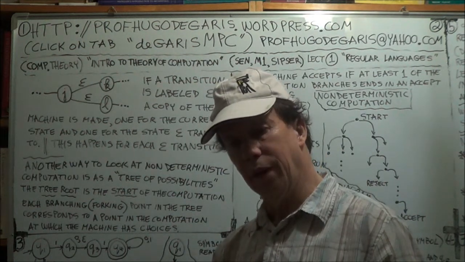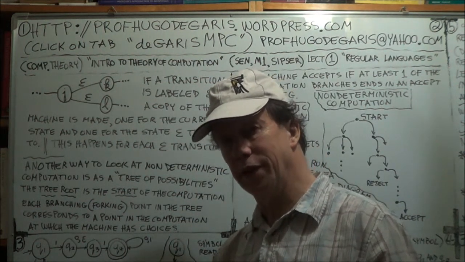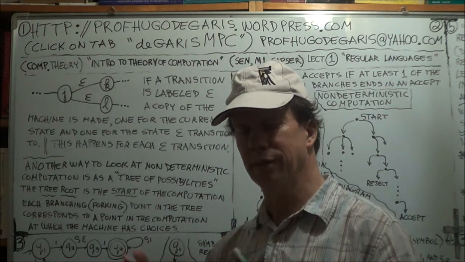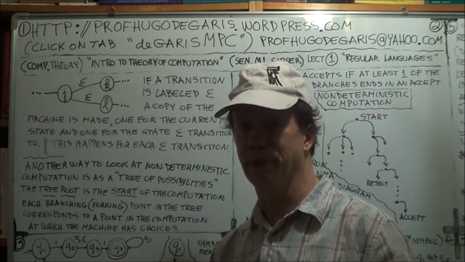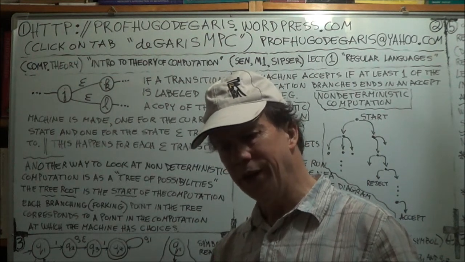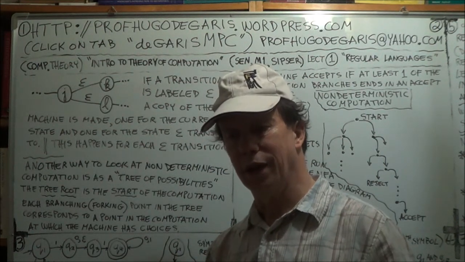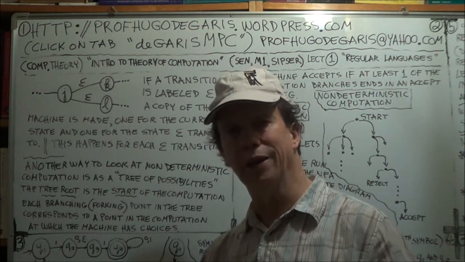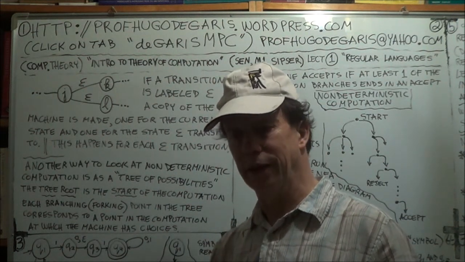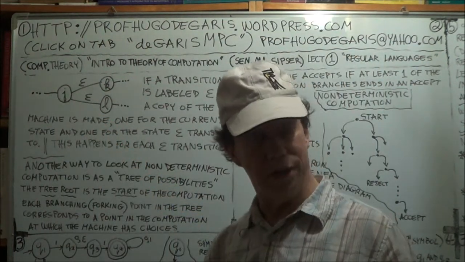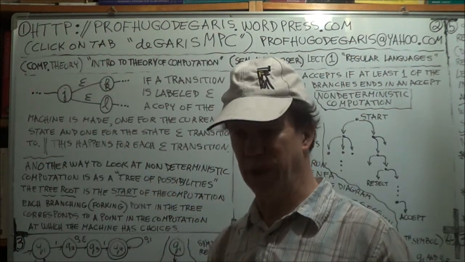Now, I was mentioning in the previous session that you can look on non-determinism, or rather non-deterministic computation, as a kind of parallel processing. You have various branches just working away independently of each other. And for example, the eta creates copies of the machine.